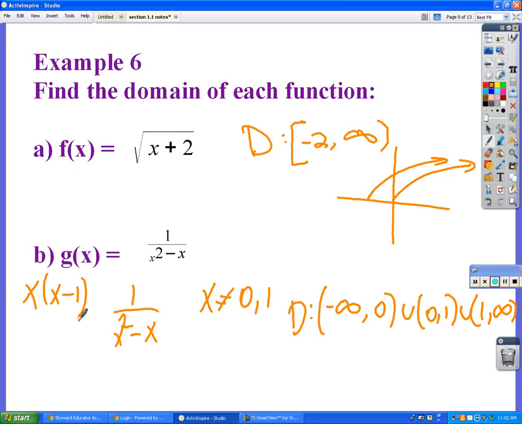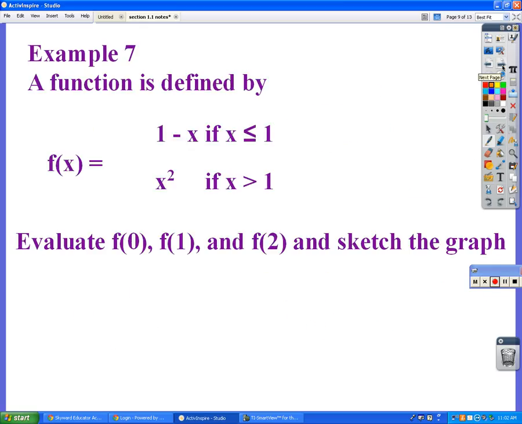Okay, piecewise functions. This seems like we did this already in the review.